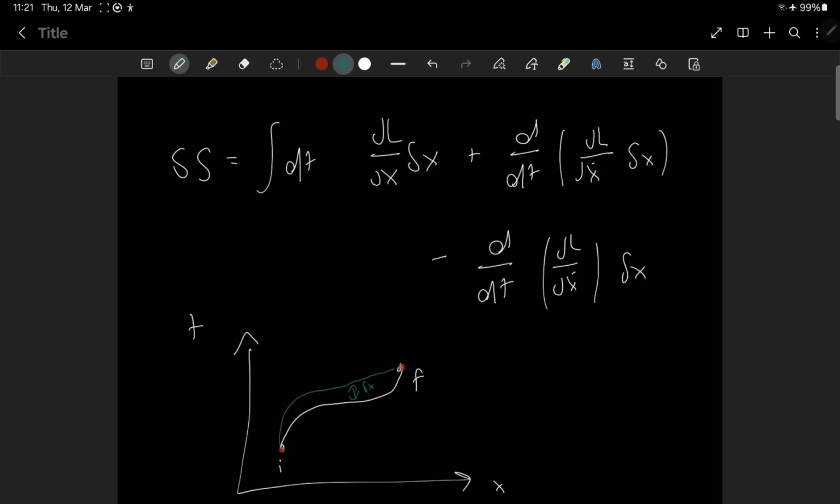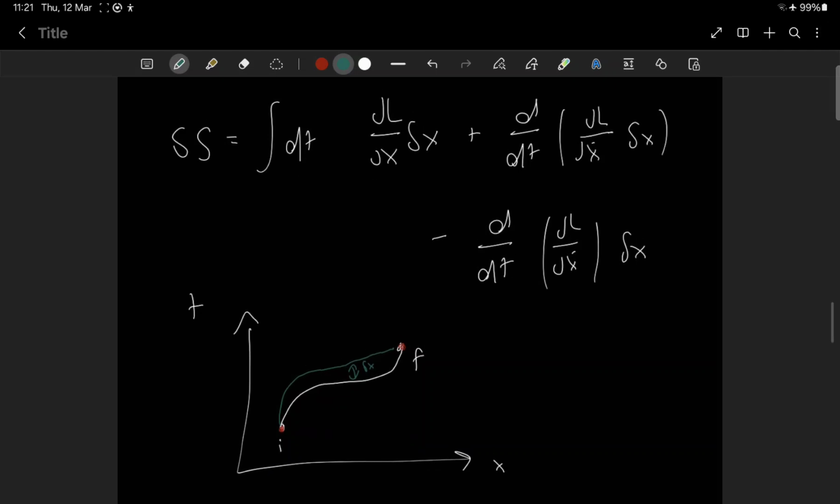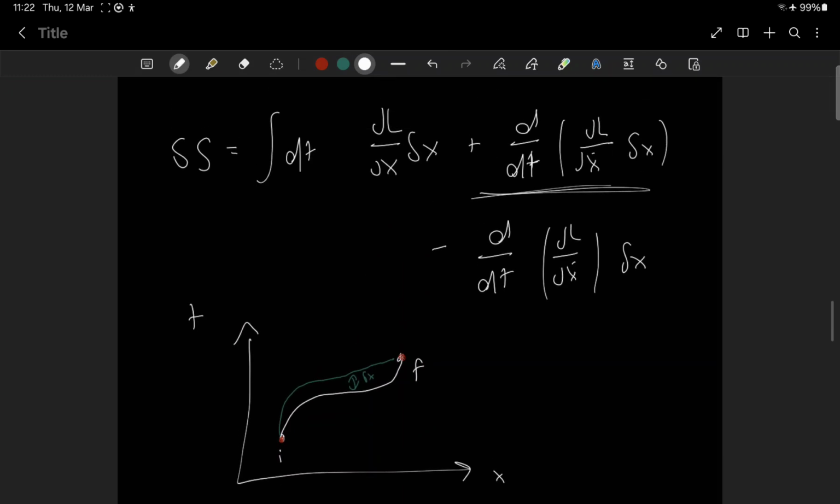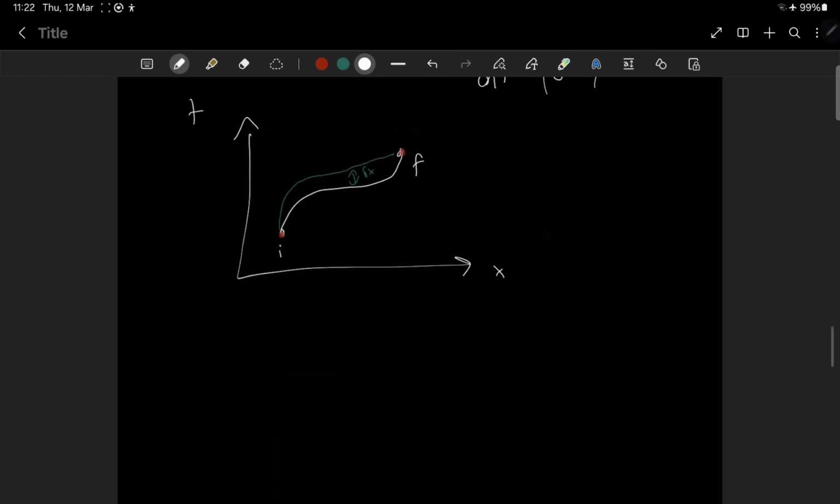Why this is important is for the following reason. When we take the integral of this term here, this is a total derivative with respect to time, this t here, right? We're integrating this over time, so this is just going to give a point, from the time ti to time tf.